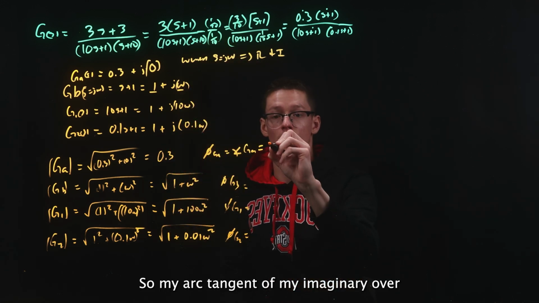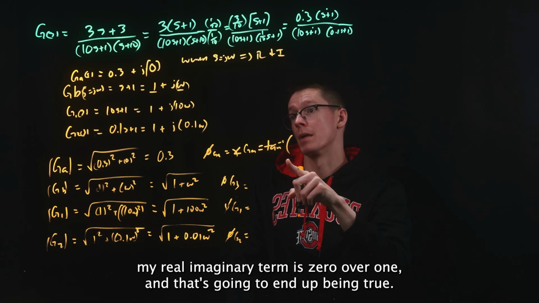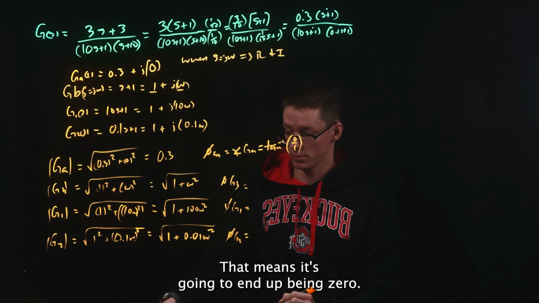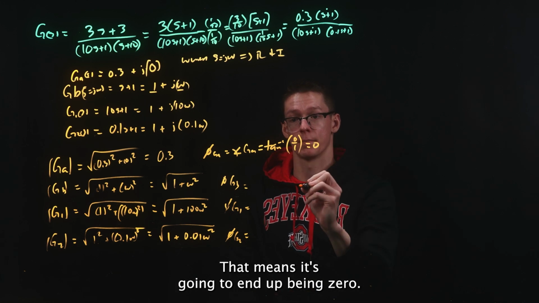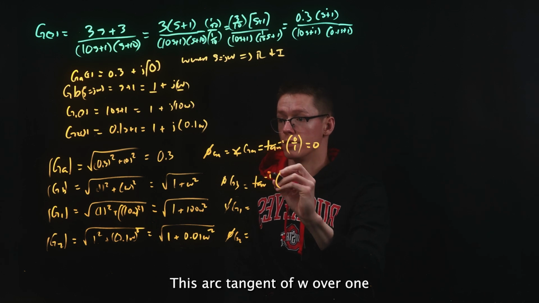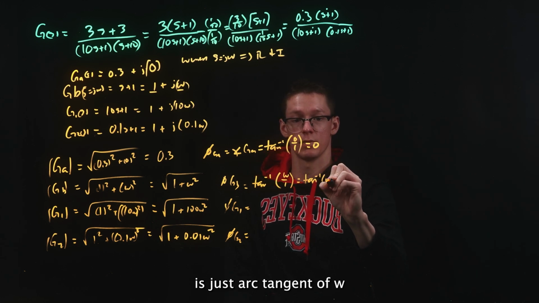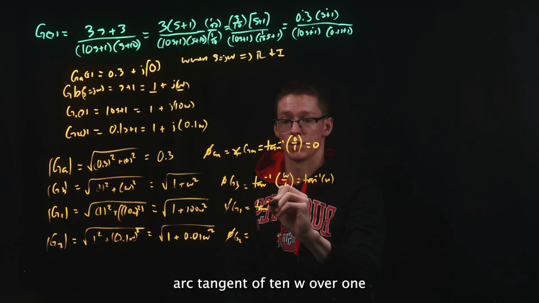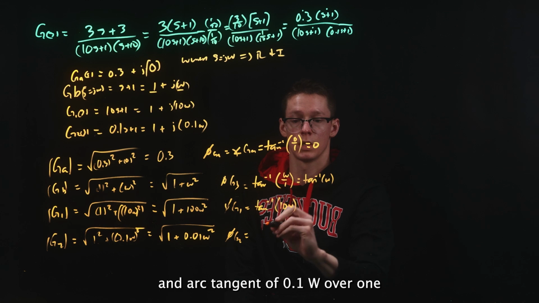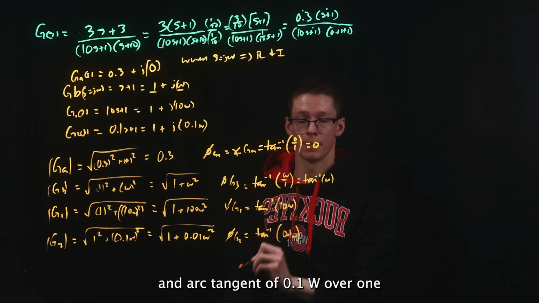So my arctangent of my imaginary over my real, imaginary term is 0 over 1, and that's going to end up being 0. This arctangent of w over 1 is just arctangent of w. Arctangent of 10w over 1, and arctangent of 0.1w over 1.